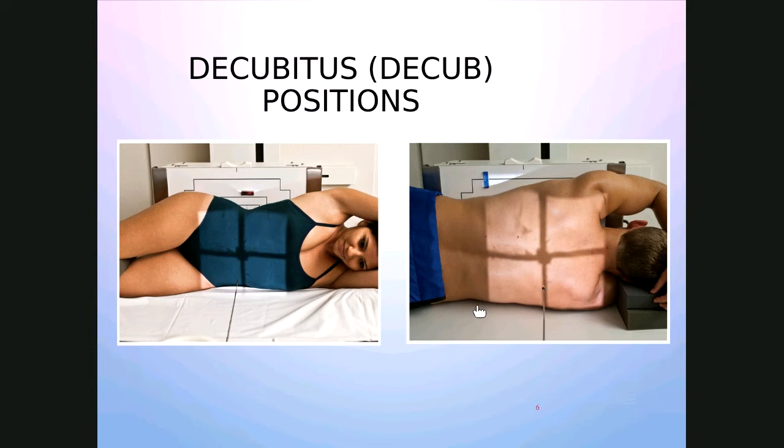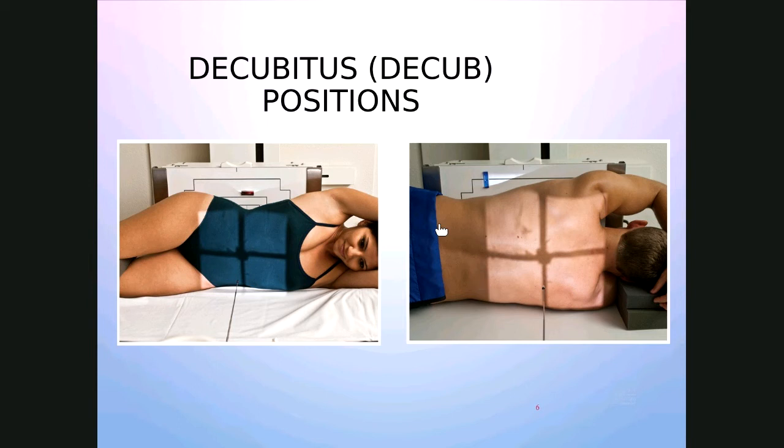And it doesn't matter which is which, just know that one they will be facing you, one they will face away from you, because all decubes are called by what side is down. So this is a left lateral decubitus abdomen. This is a right lateral decubitus chest x-ray. Okay, so I only threw that in there so that you could see with her facing you versus their back to you.